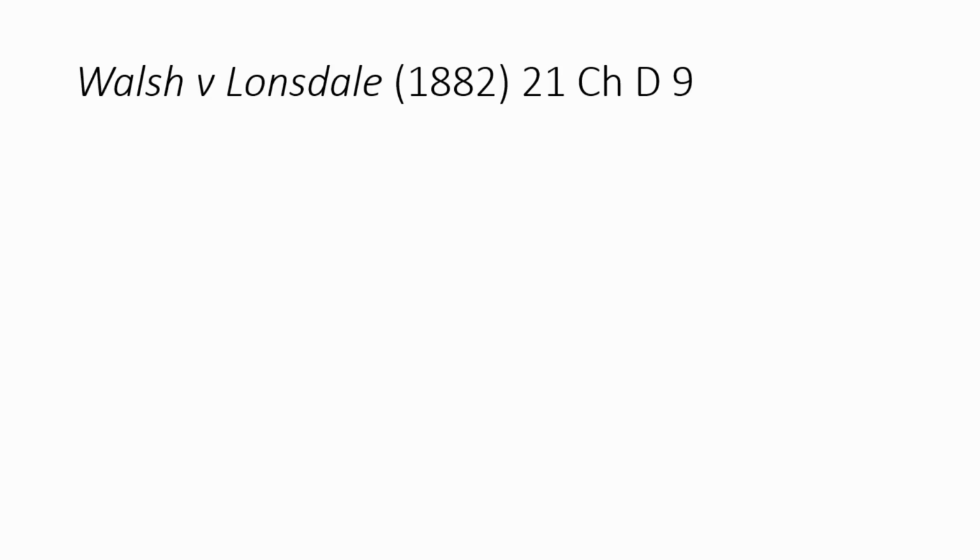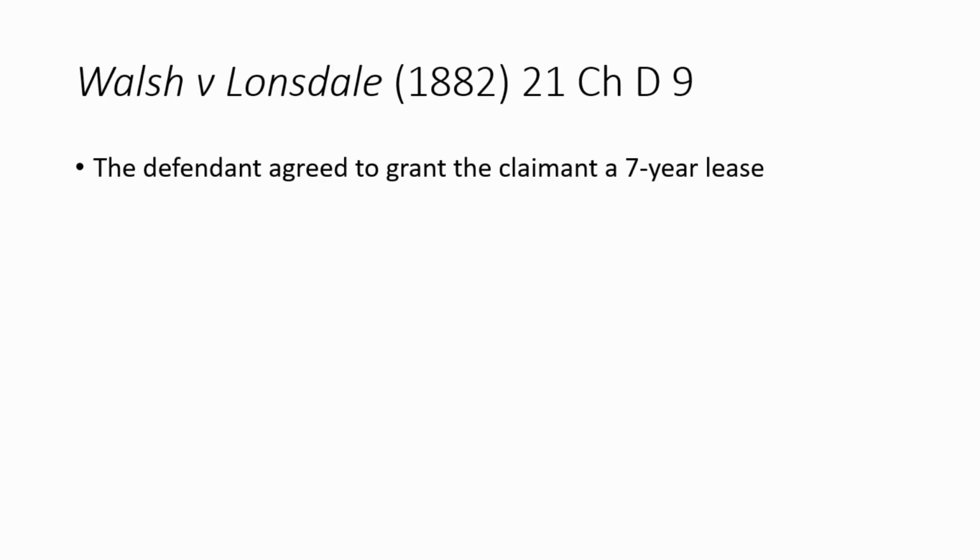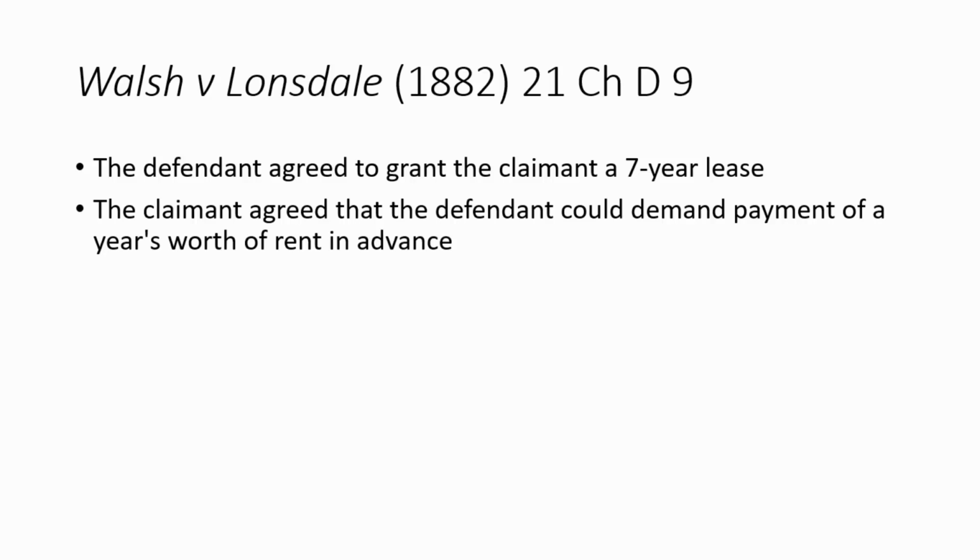Walsh and Lonsdale was a case involving an attempt by a landowner to grant a lease of land to another person. The defendant in the case agreed in writing to grant the claimant a 7-year lease. In exchange for this 7-year lease, the claimant agreed that the defendant could demand payment of a year's worth of rent in advance. But there was a problem. The claimant and the defendant hadn't used a deed when they entered into the lease.